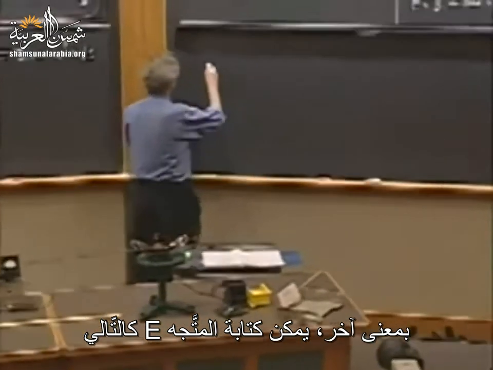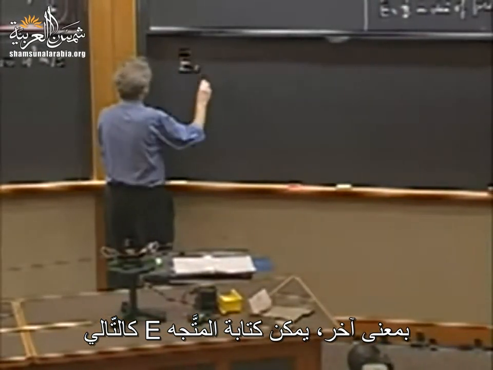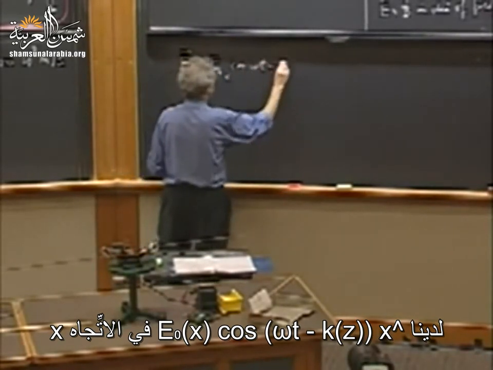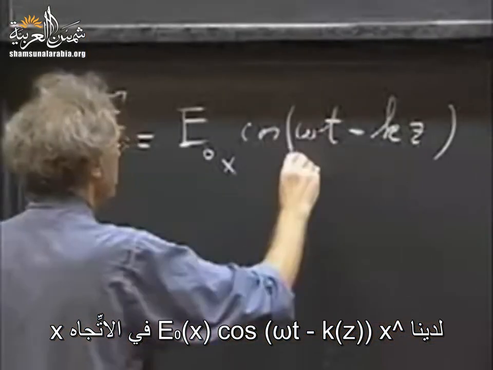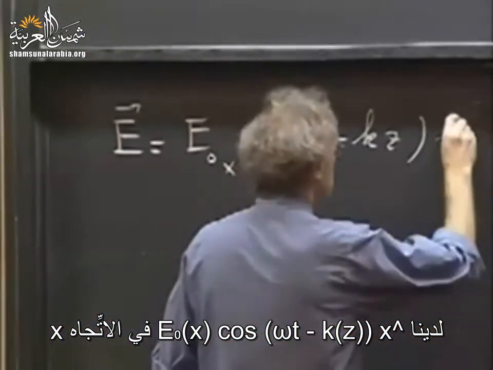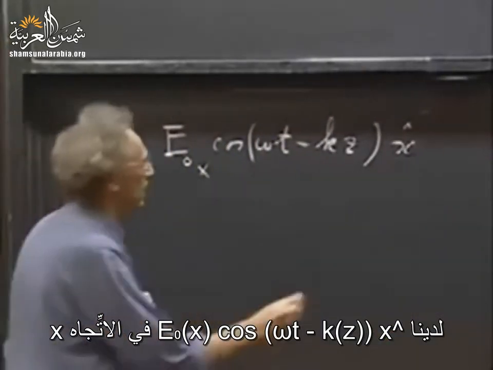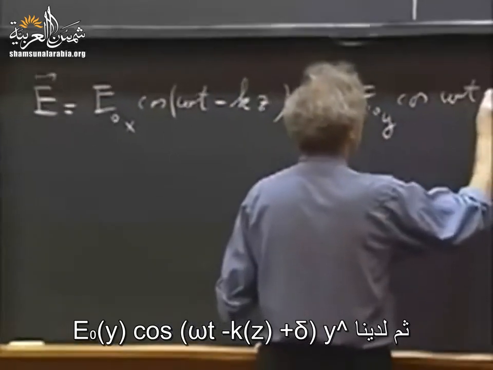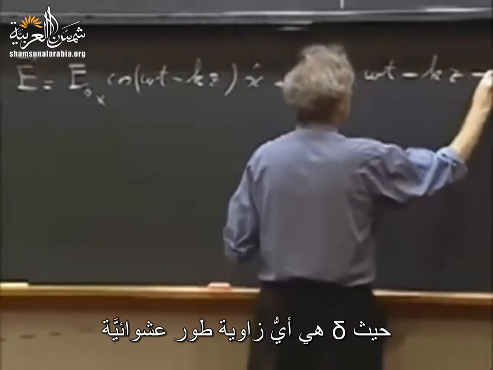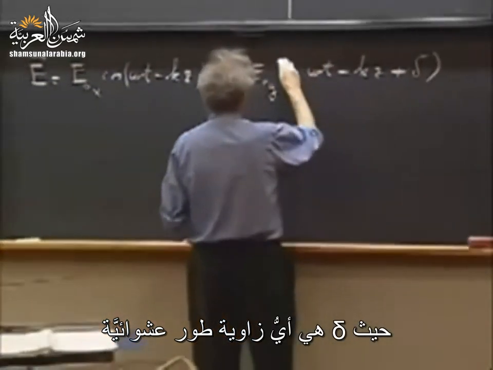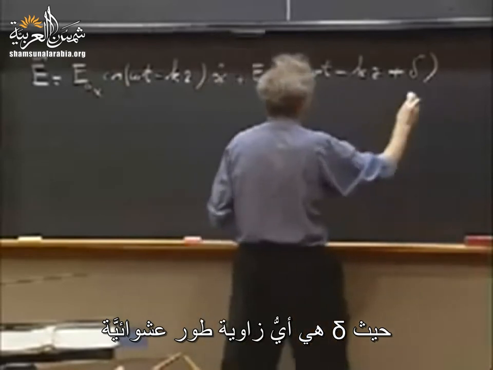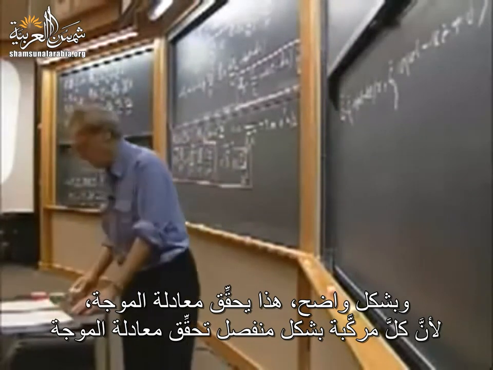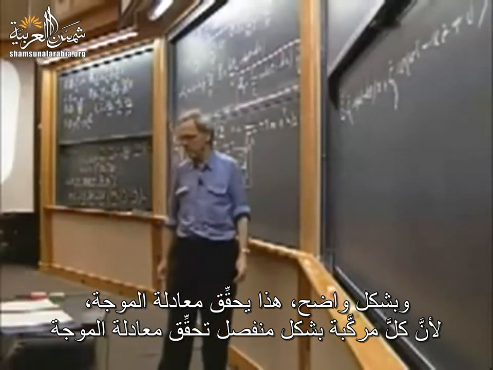In other words, the following E vector is perfectly kosher: E0x times the cosine of omega t minus kz, in the x direction, and then another E0y times the cosine of omega t minus kz plus any random phase angle delta, in the y direction. Clearly, this satisfies the wave equation, because each separately satisfies the wave equation.